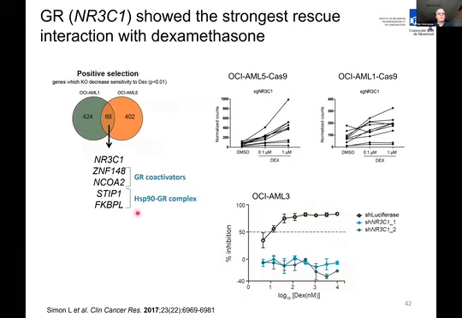Of course, what we found there in both cell lines is that the glucocorticoid receptor, or NR3C1, showed the strongest rescue interaction with dexamethasone. That, of course, we knew from our previous work.